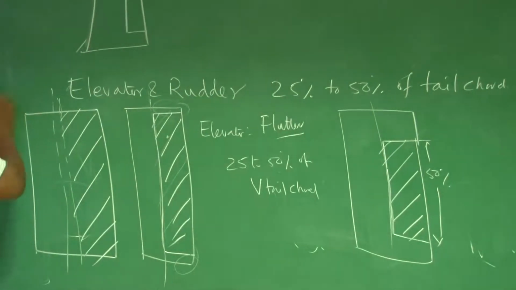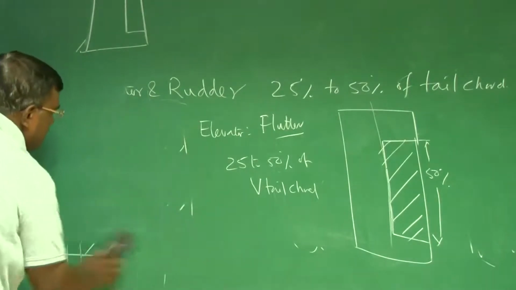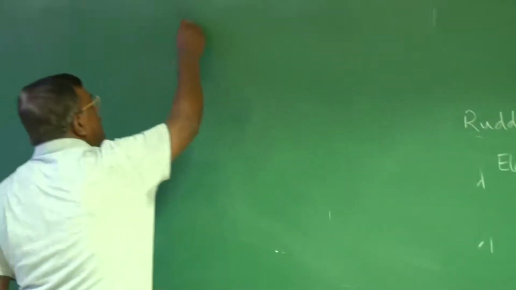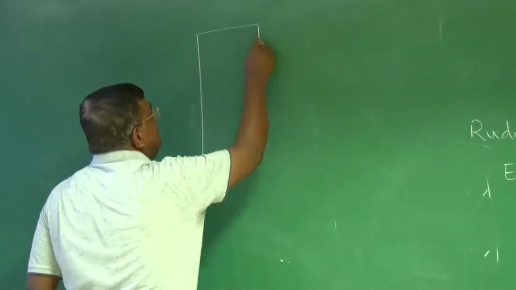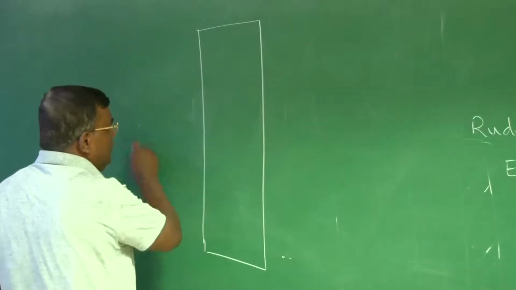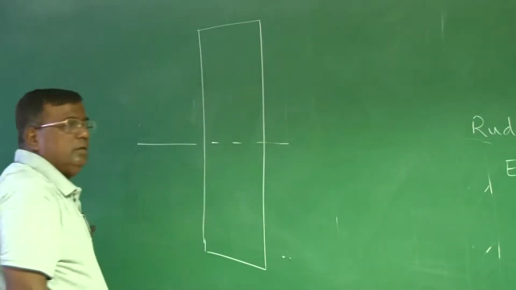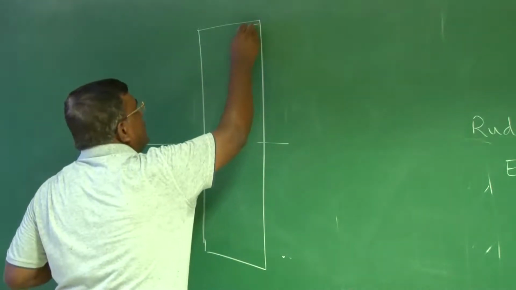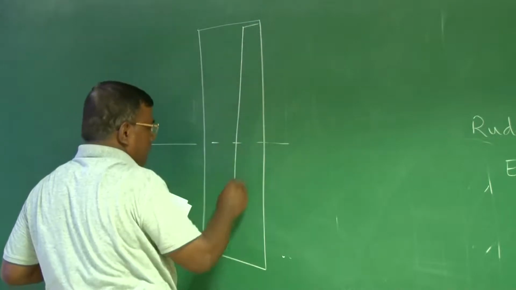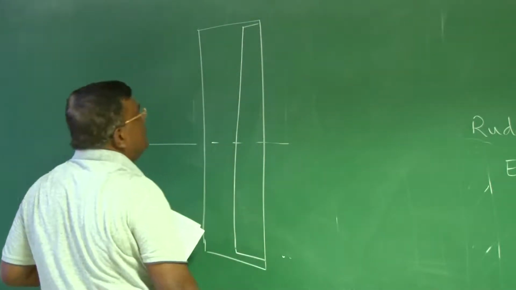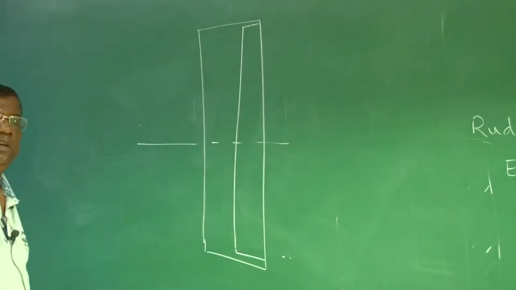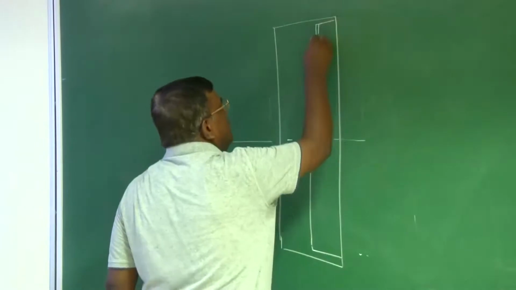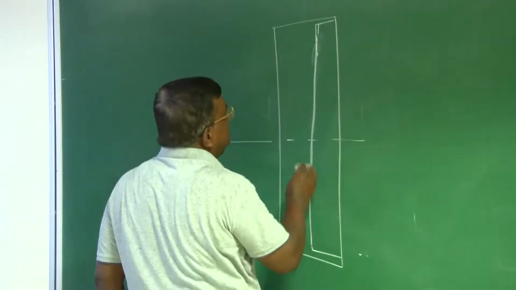Now coming back to other control surfaces, at a conceptual stage, we have the wing, and roll control is done by aileron, right? In aileron you will find the aileron span would be 90% in total. You have seen airplanes where 90% of the span is used as aileron.